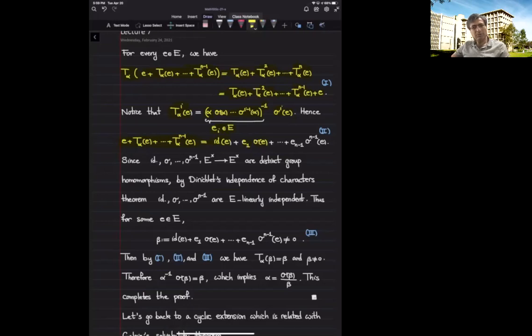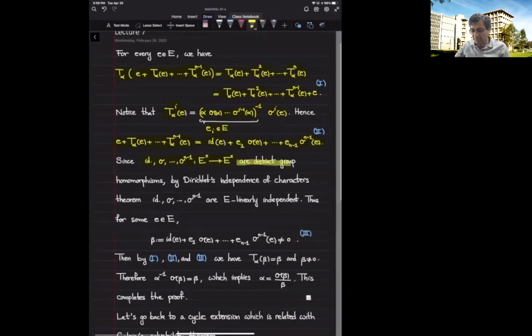Then E sub 3 sigma to power 3. And finally, E sub n minus 1 sigma to power n minus 1. So this summation turns out to be only an E linear combination of these distinct group homomorphisms from E cross to E cross.